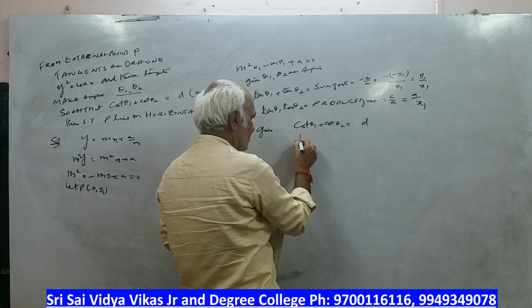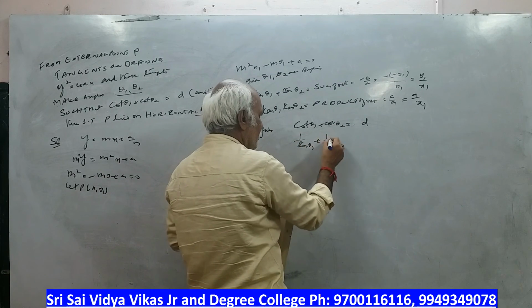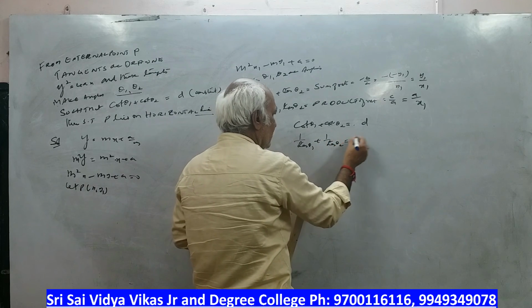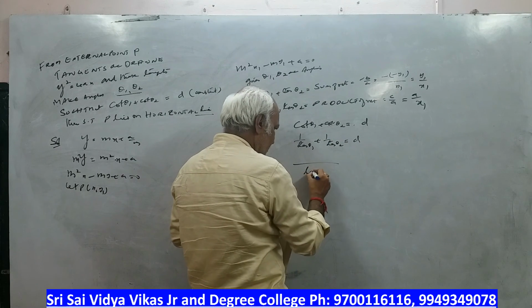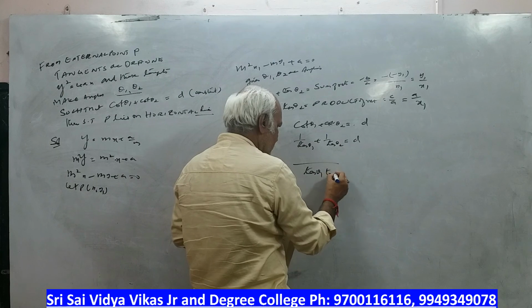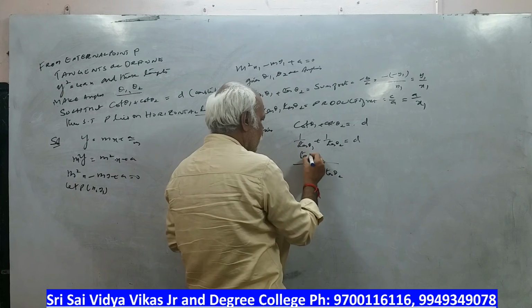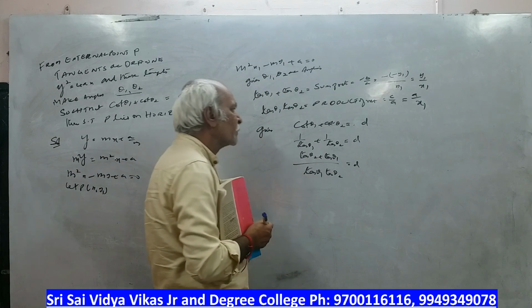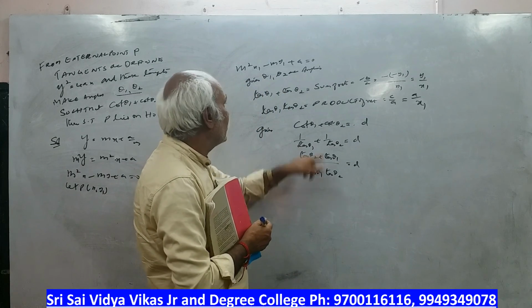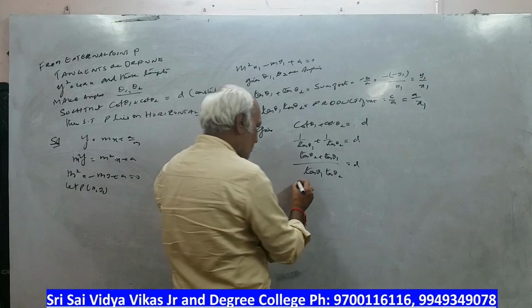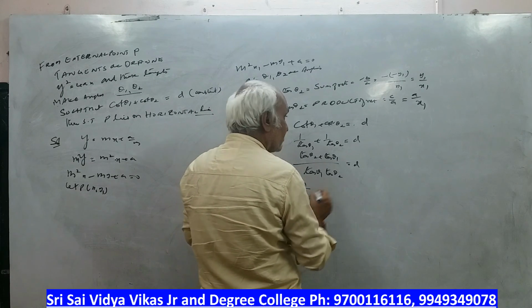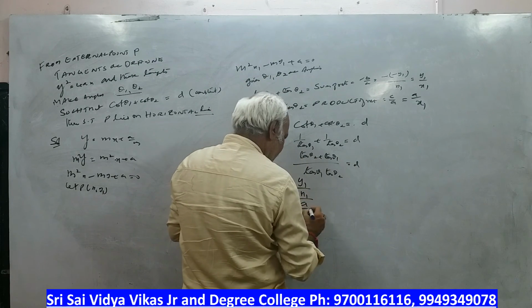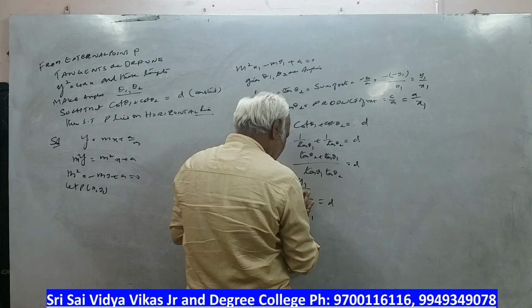Cot means 1 by tan theta 1 plus 1 by tan theta 2 is equal to d. If you take the LCM, tan theta 1 tan theta 2, the numerator is tan theta 1 plus tan theta 2, which we have already proved is y1 by x1, and the denominator is a by x1, is equal to d.